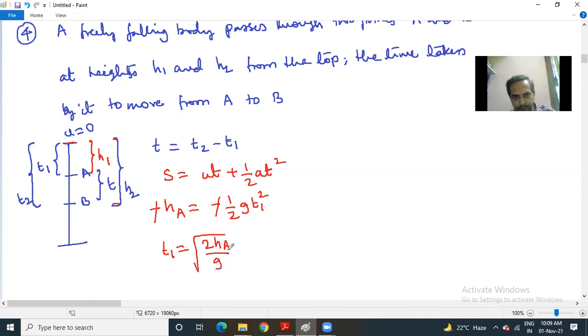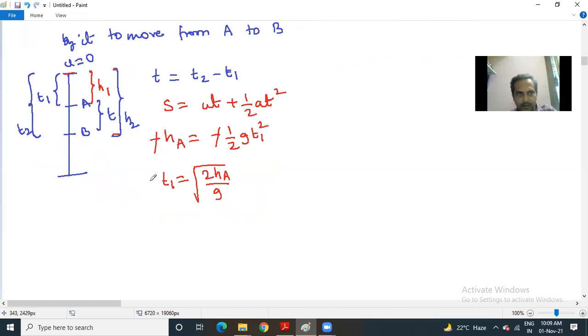Similarly, for the case of the second one, hB, make use of once again S equal to ut plus half at square. Anyhow u is 0 even for this also, minus half g t2 square. If you simplify this, you will get t2 is equal to under root 2hB by g.